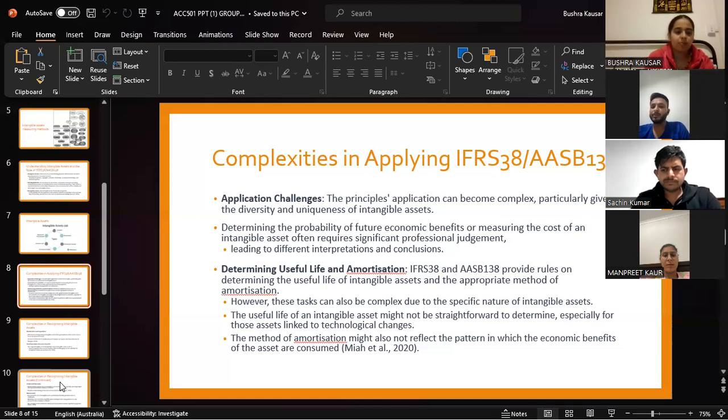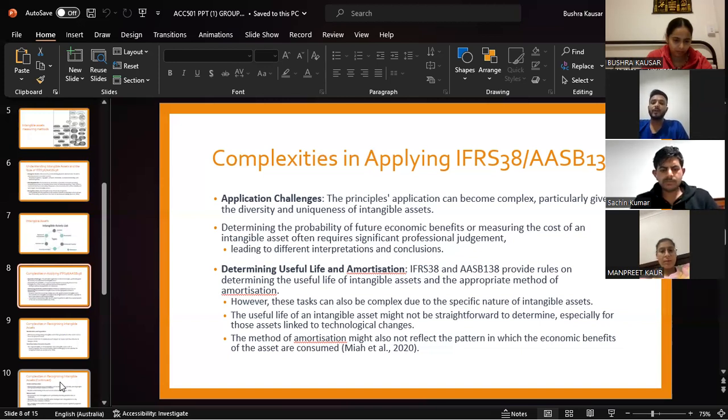According to MIA, IAS 38 and AASB 138 also provide rules on how to determine the useful life of intangible assets and the appropriate method of amortization. This task can also be complex due to the specific nature of intangible assets.